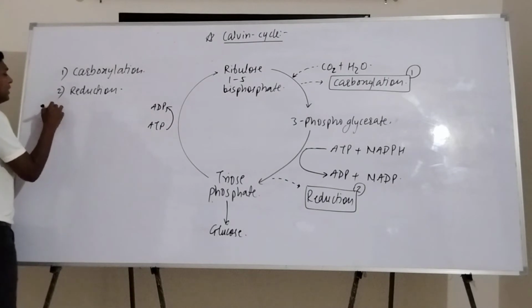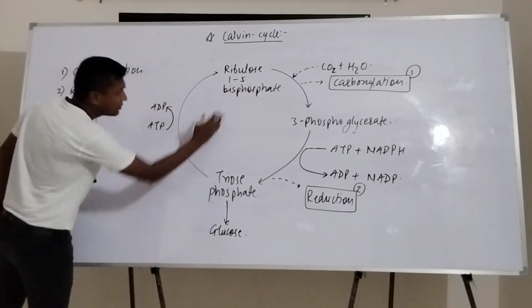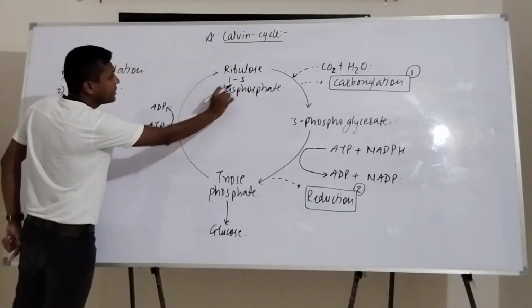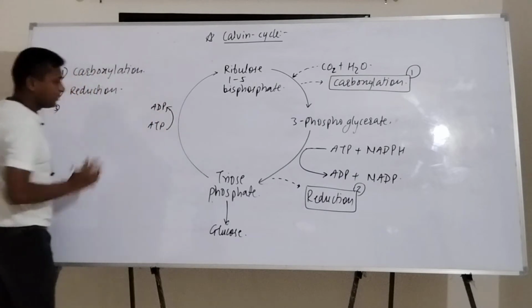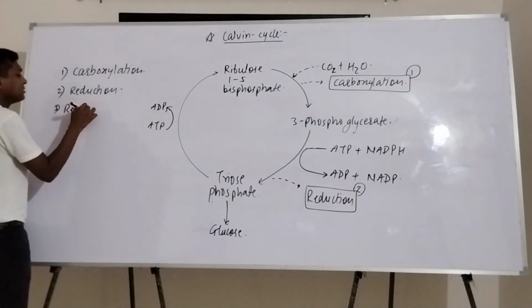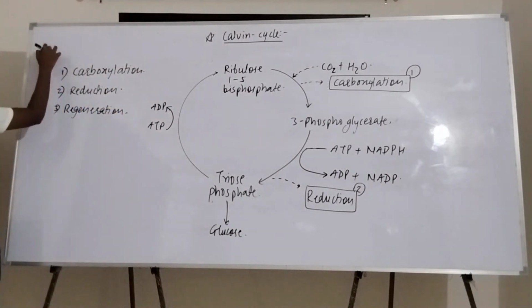This third and important step, because you are regenerating RuBP molecules from triose phosphate, is called regeneration.